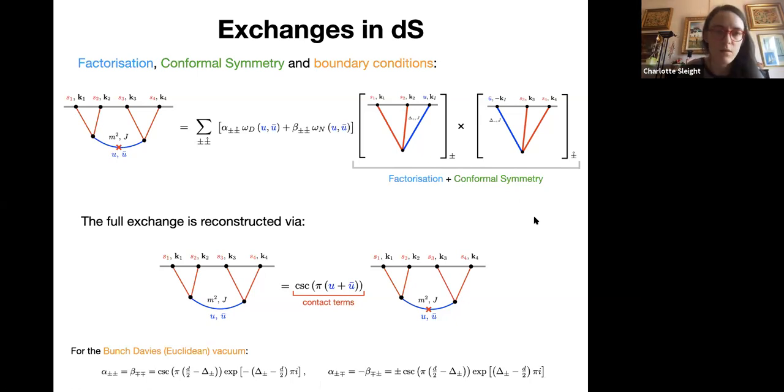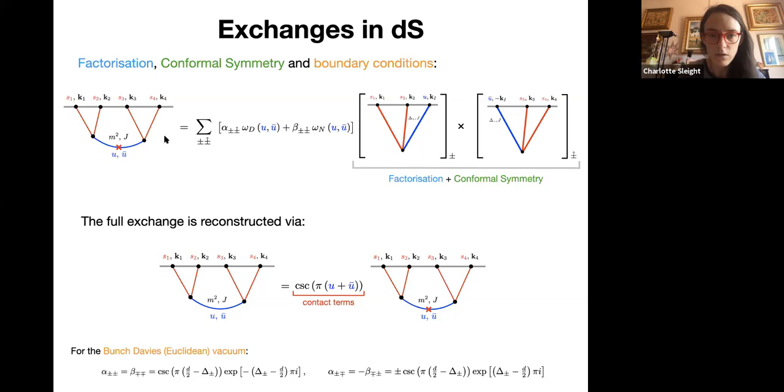In particular, given that the basic criteria we use to determine these exchanges are universal to both ADS and DS, so it was simply factorization, conformal symmetry, and boundary conditions, this tells you that a given exchange in de Sitter, so for a given choice of early time vacuum, can be expressed in terms of the corresponding exchange in anti-de Sitter space, so generated by the same cubic vertices, and with a specific linear combination of Dirichlet and Neumann boundary conditions, together with some factors that accommodate for the change in three-point function or OPE coefficient as you move from ADS to DS. This ensures that the requirement of factorization continues to be fulfilled.